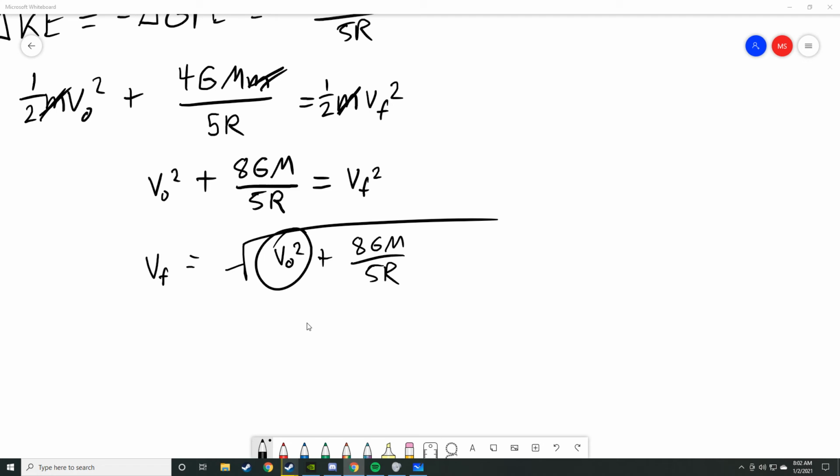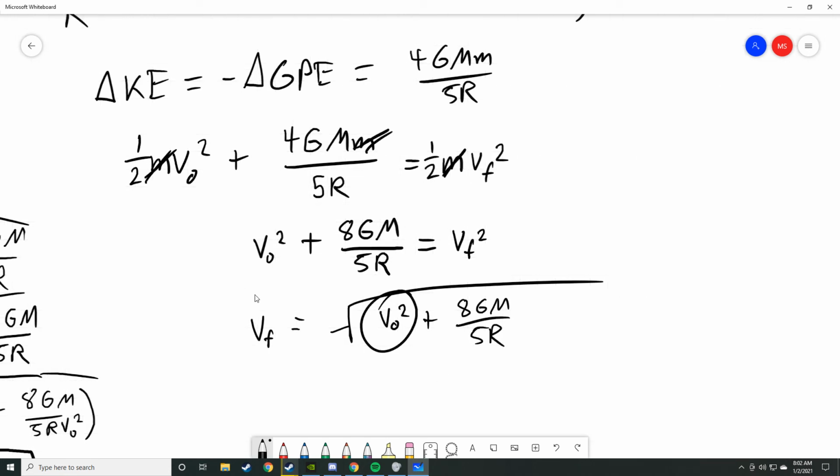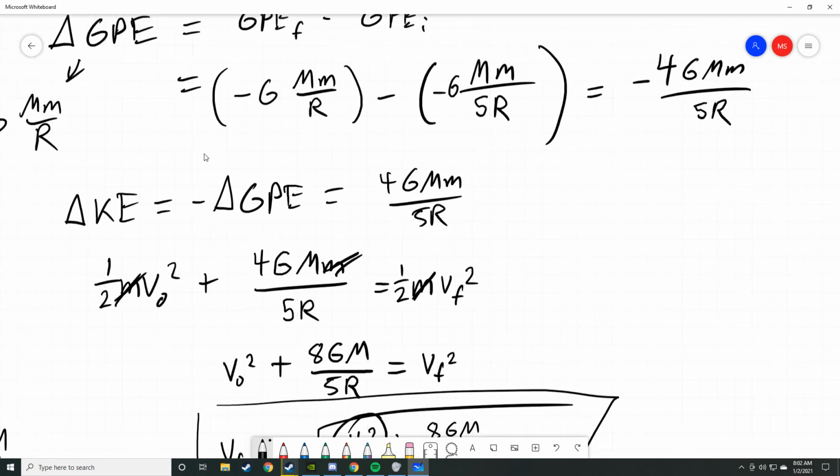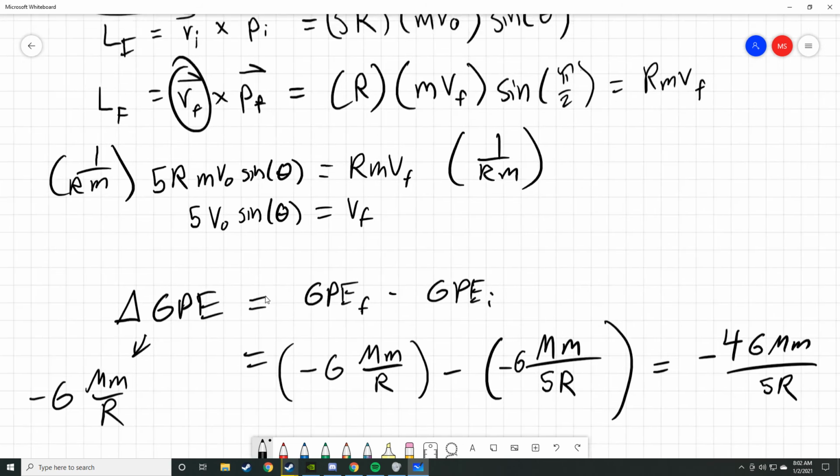We're going to see that we can perhaps make it a little bit simpler. So this is V final right now. Let's keep this in our mind. I'll go ahead and box it so that we remember that that's our V final in terms of our V initial and our change in gravitational potential energy.